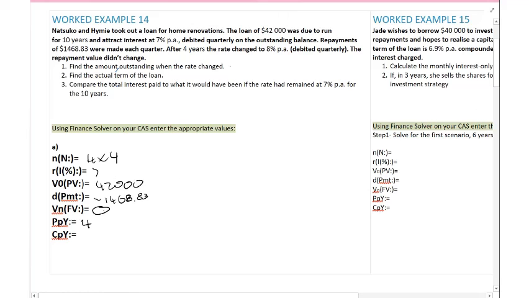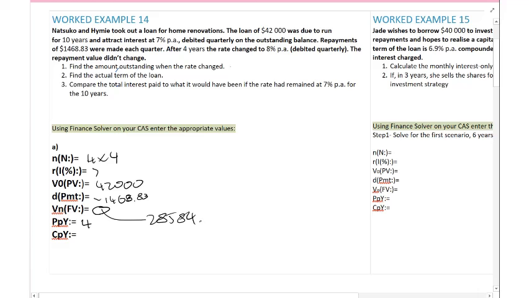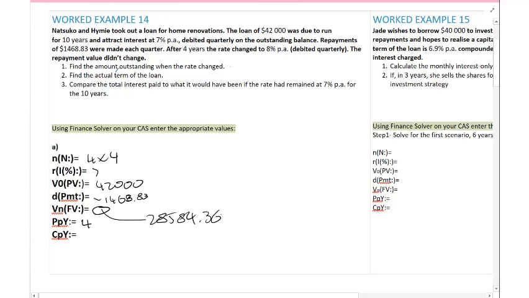So that now becomes 28,584 and 36 cents. That's how much is outstanding when the rate changed.